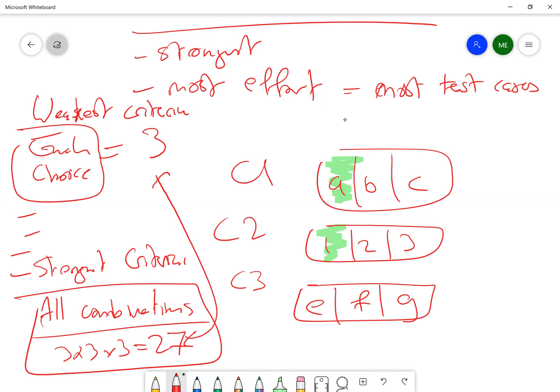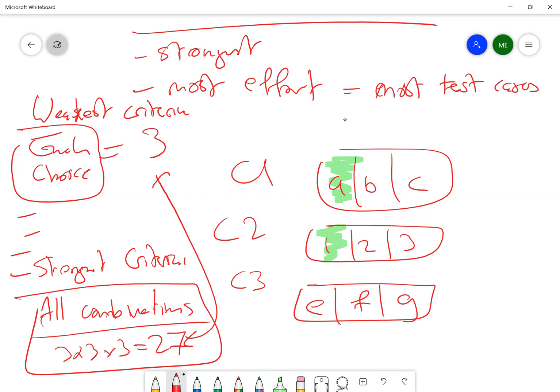But many times this is infeasible because maybe we have too many characteristics with too many blocks on those characteristics. But at the same time, maybe we don't have to compromise too much, to the point that we're choosing too few tests.